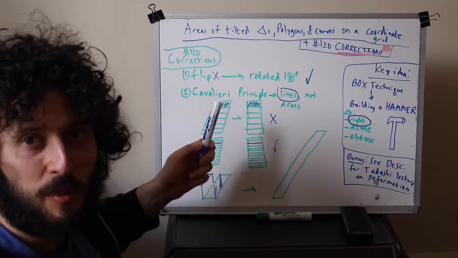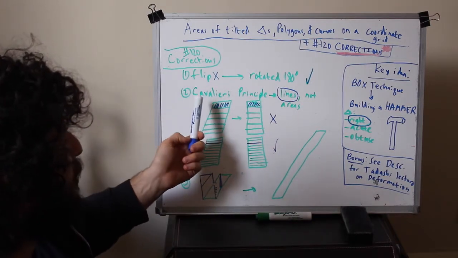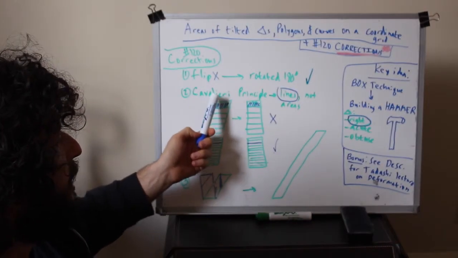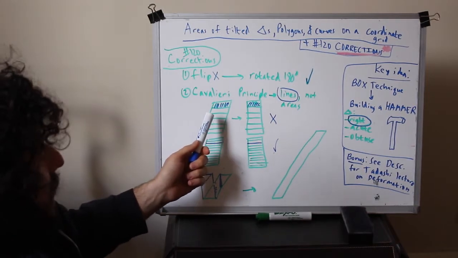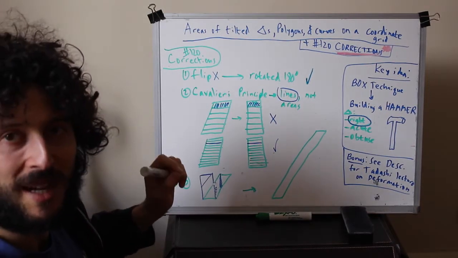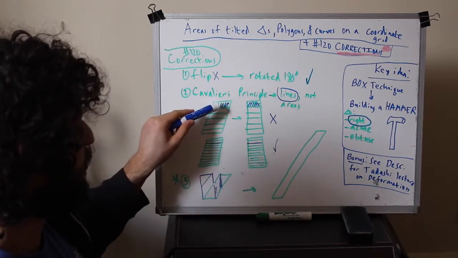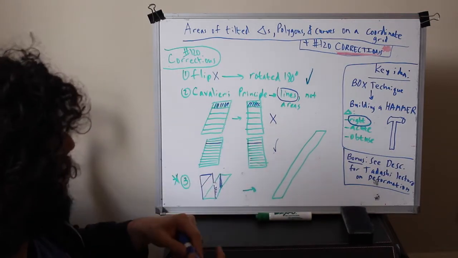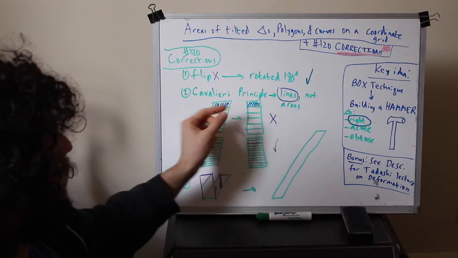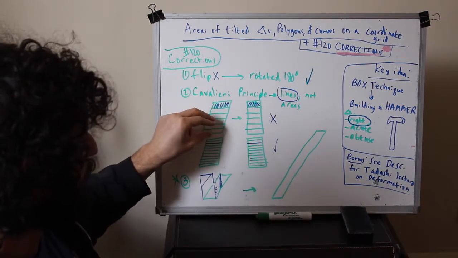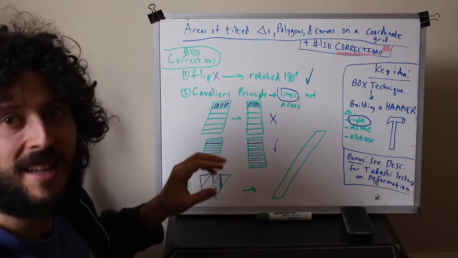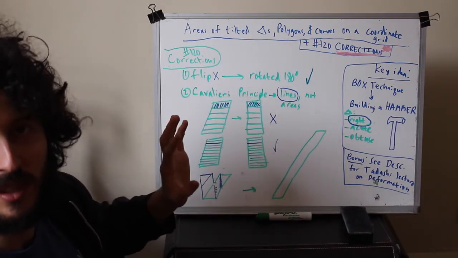Next, as was pointed out to me, I referred to the Cavalieri principle when we were trying to find the area of a parallelogram, and I talked about splitting it up into a lot of little areas. So like these little blue corresponding things, as long as they have the same base and the same height, these would have the same areas. And if you sum a lot of the same stuff, it'll be the same here and here. Except that's not what it's really about.